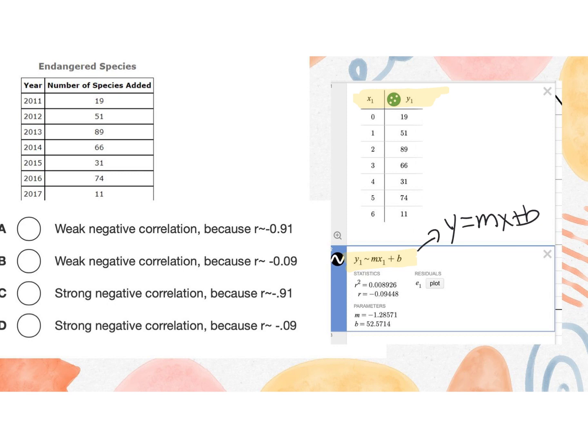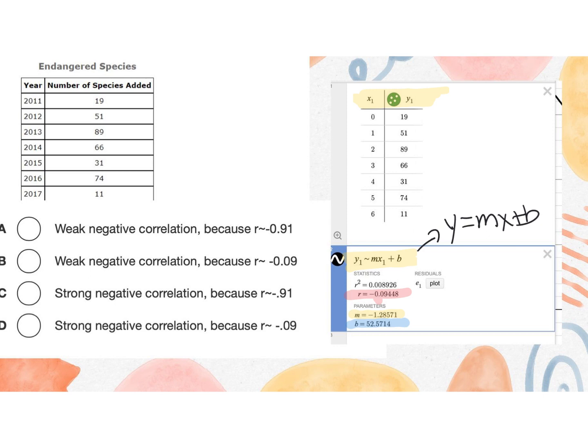And then Desmos has already told me that, well, your slope is here. That's your slope. We know it's negative, decreasing. Here is my y-intercept. And then what we're really looking for is our correlation coefficient. So that is our negative 0.09448.